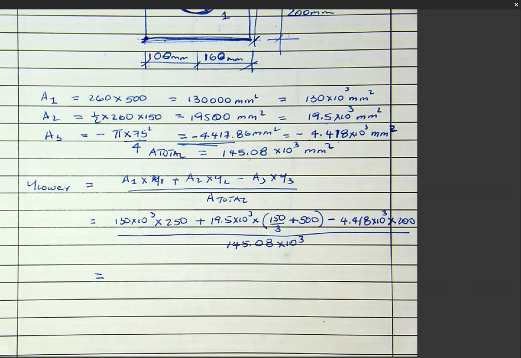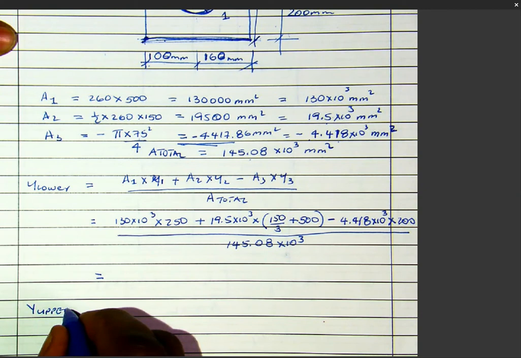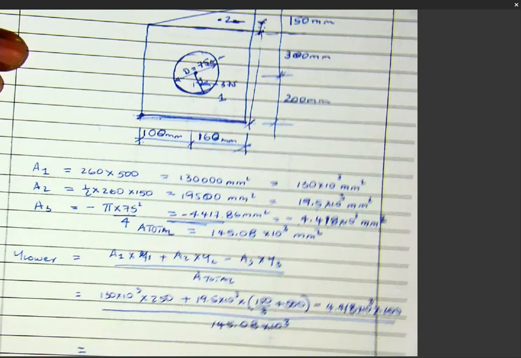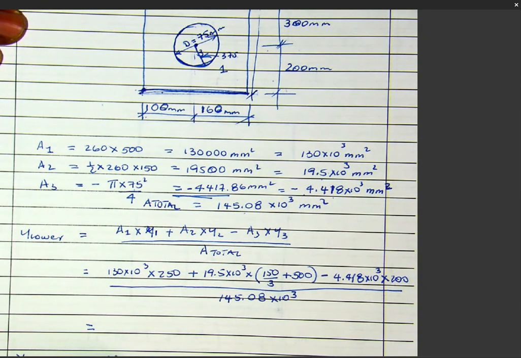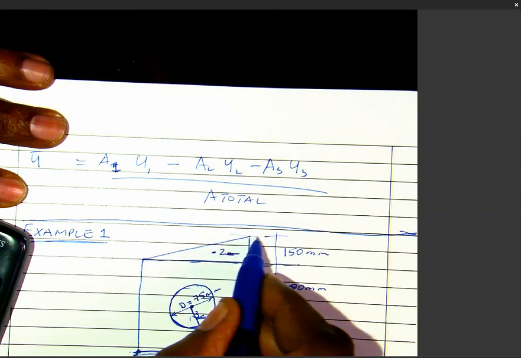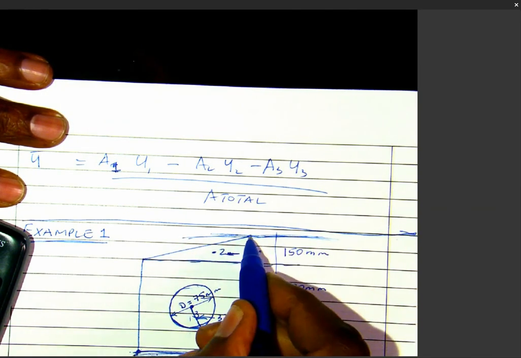So I'm now going to show you the distance from the top. Again, I know area 1 is this 130 times 10 to the power 3 times, what is the distance? Remember the top now. Which part is the top? This is the top, the highest point in that area.